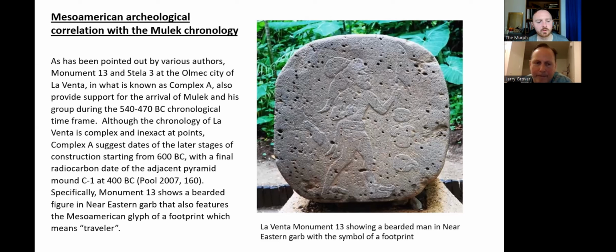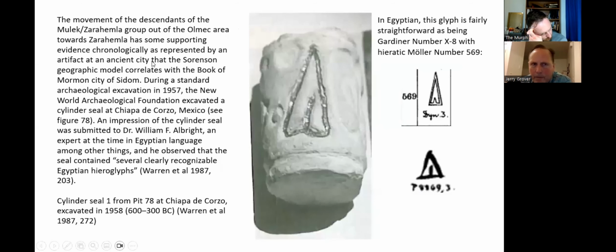So that was a Don Bradley idea that I kind of showed in Mesoamerica how it works. Because Ogath, where he went, where it makes sense, is where all the big, huge, colossal heads of the Olmec are. So it makes sense that it's the giants. That's the land of the giants. Anyway, so I kind of just show you that the Mulek group came up out of the Olmec area up into, and in the Book of Mormon models, the Sorensen model has Chiapa de Corzo, Mexico, as Sidon.